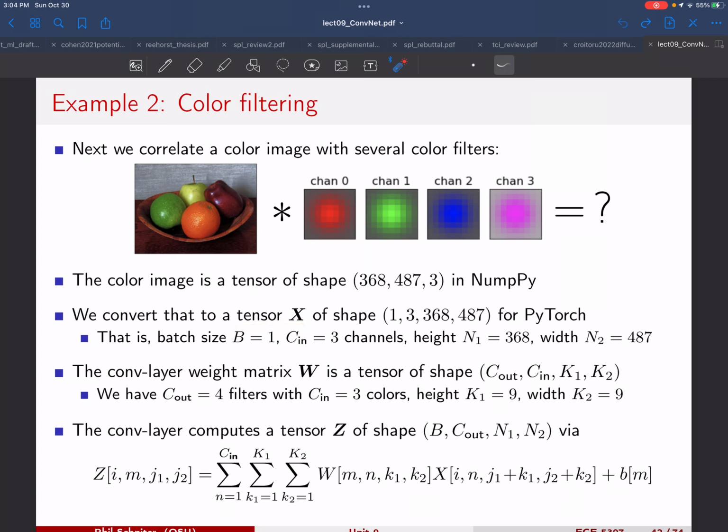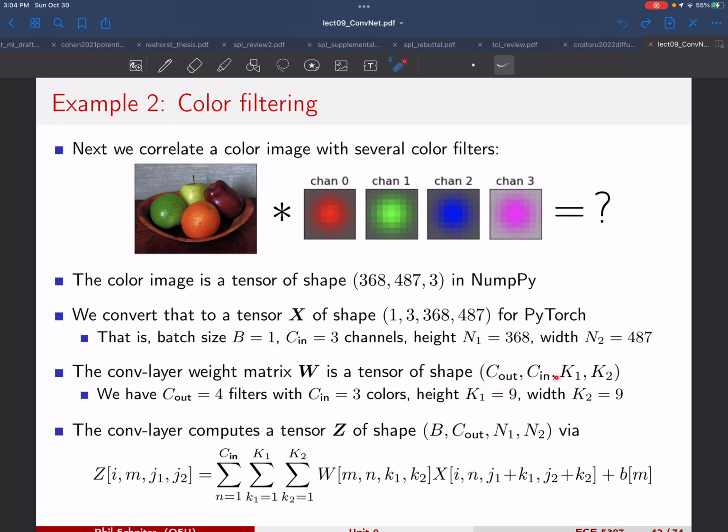And the weight tensor, which is going to correspond to this operation, is going to have Cin input channels. We know that that's 3 because we have 3 colors in our original image. It's going to have Cout output channels, and we know that's going to be 4.